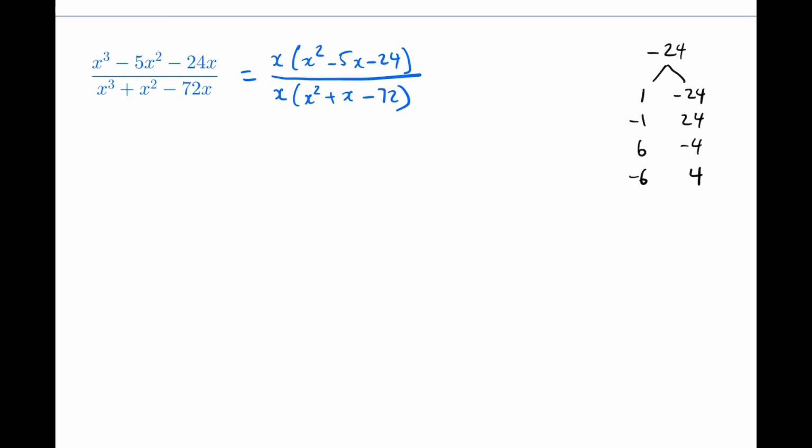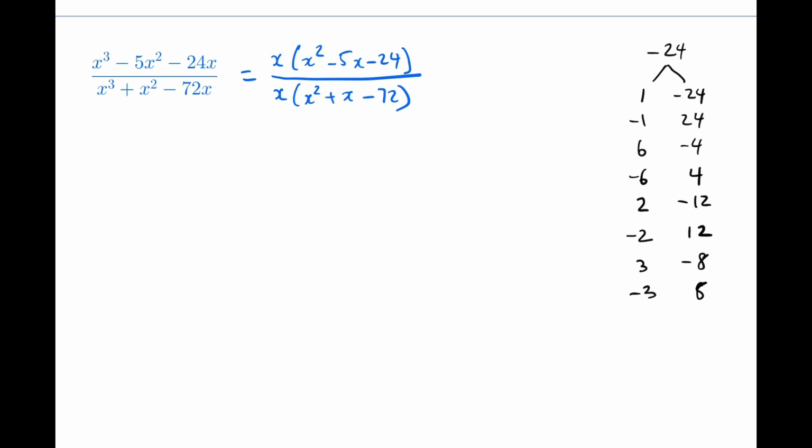Then we also have 2 and negative 12, and negative 2 and positive 12. And lastly, we have 3 and negative 8, and negative 3 and 8. These are all of the factors of negative 24.